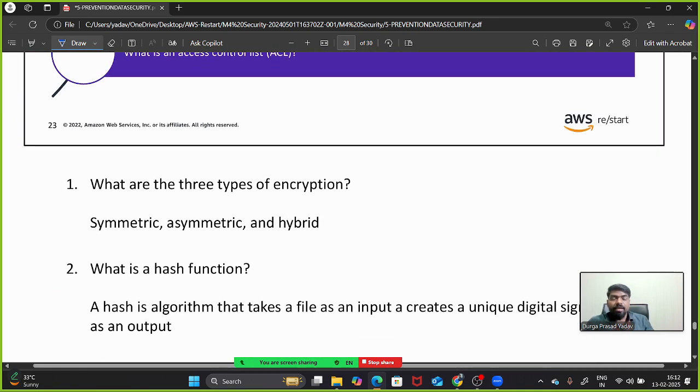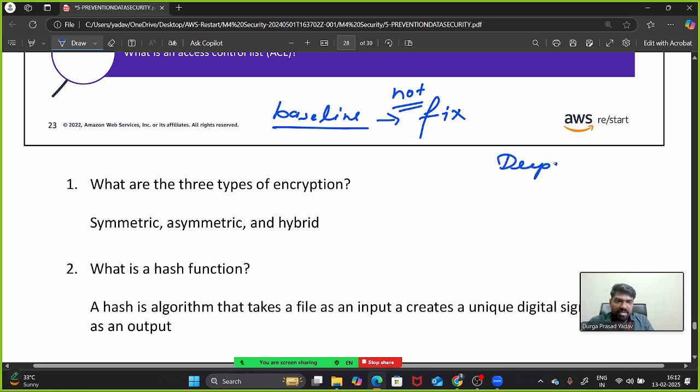So let's see, when we say baseline, this is not a fixed baseline. Okay, let's say Deepak is working as an operation engineer, an operation admin here.